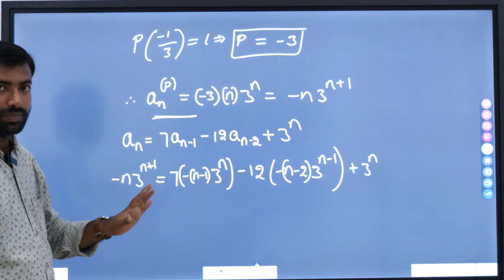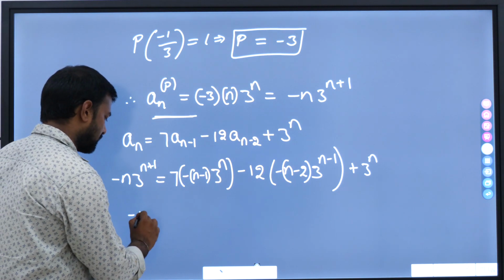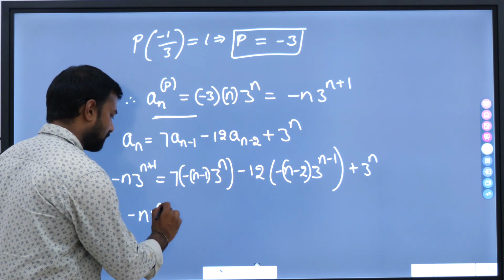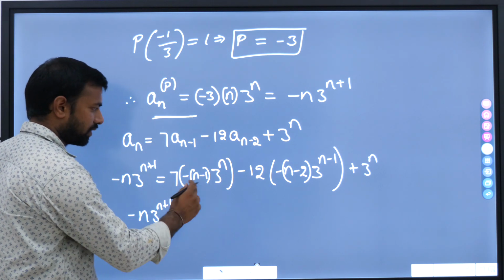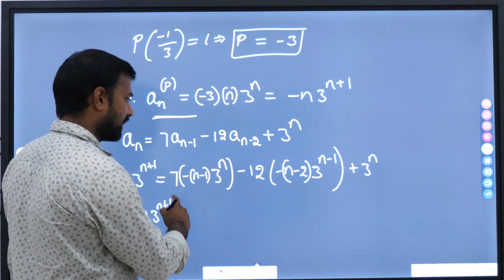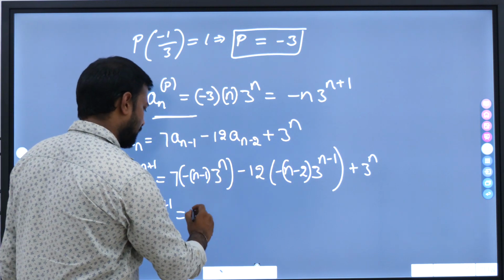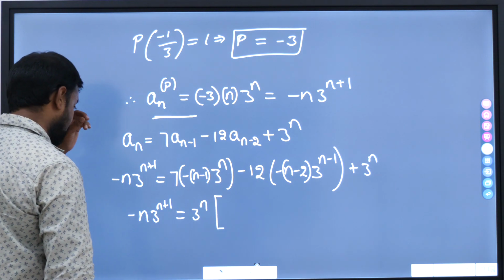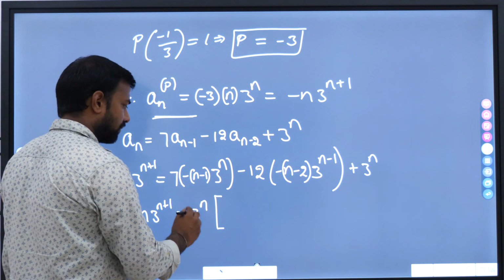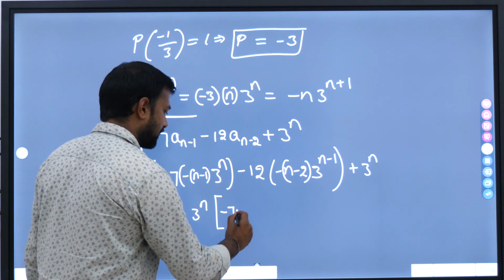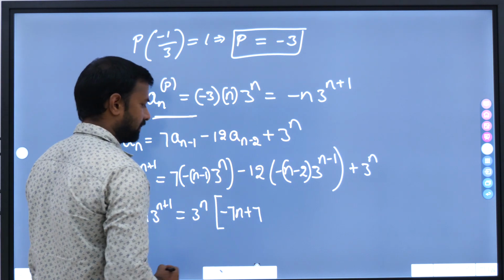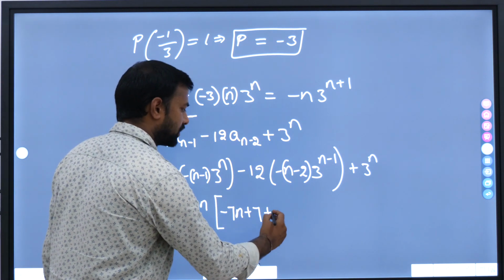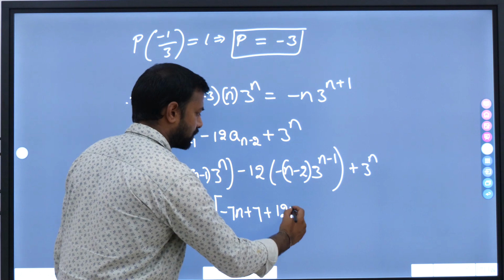Okay, so we need to simplify this expression. So this side we have minus n into 3 power n plus 1. Let's see what do we have on the other side. I hope we can take 3 power n common from the entire expression. So by taking 3 power n common, we have minus 7n plus 7. And here we have minus into minus plus 12n.